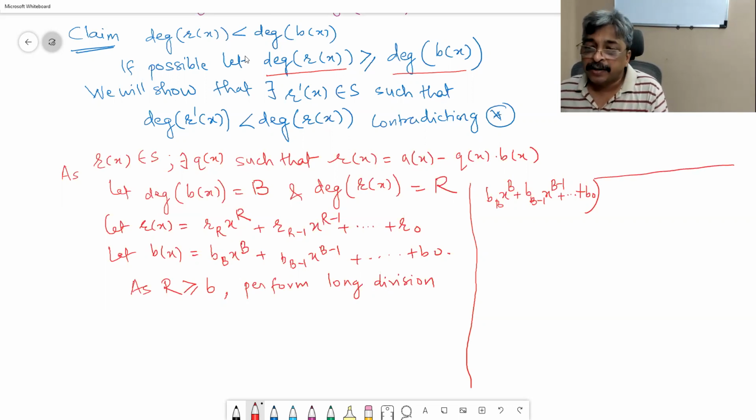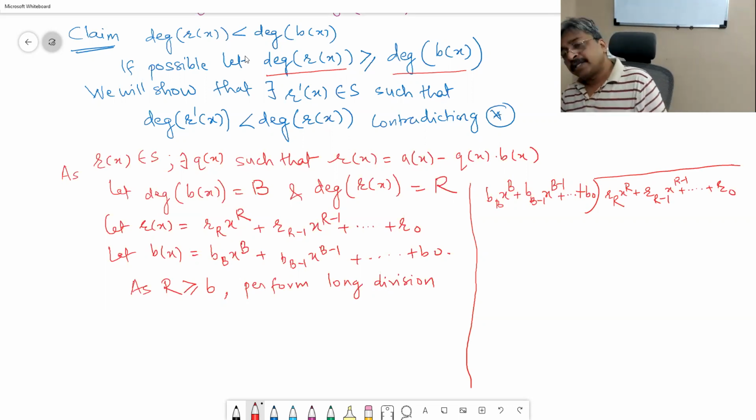What is our dividend? R X raised to R plus R minus 1 X raised to R minus 1 plus dot dot dot plus R0.